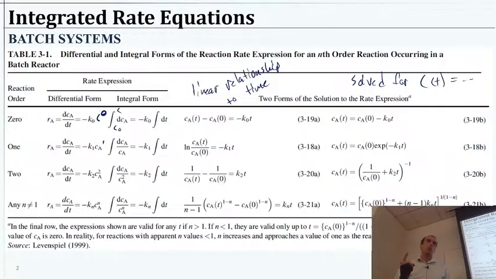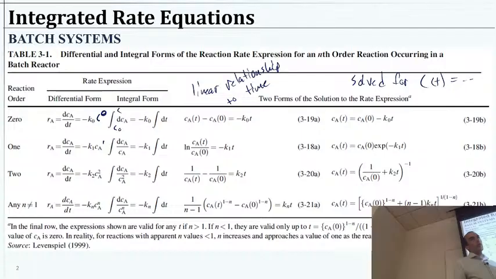Now we can actually do the same process for any value of n. And here's where it's a little more complicated, which is why we really like to have the book solving it for us. But what we're looking at is anytime we have an n for this rate order that is not known or simply not an integer, what do we do? We can't use one of these specific ones. And so we have an equation then that works for anything except a first order.